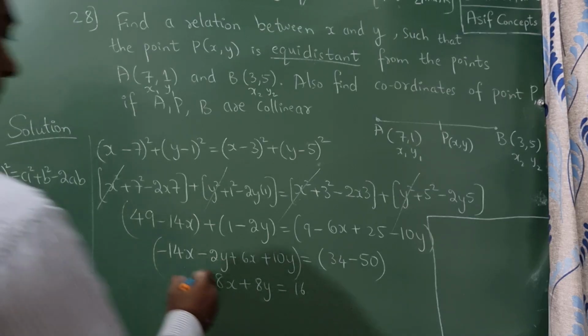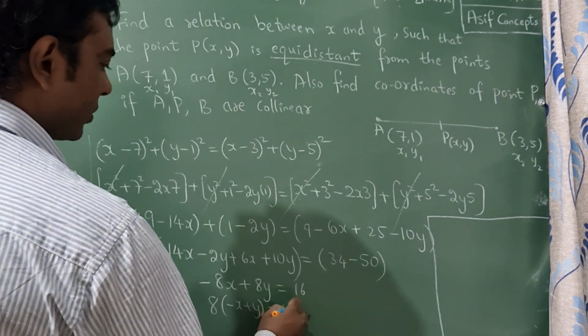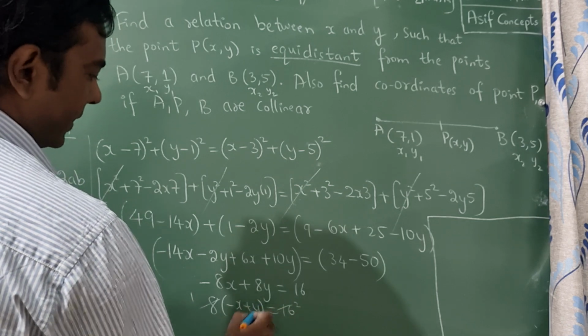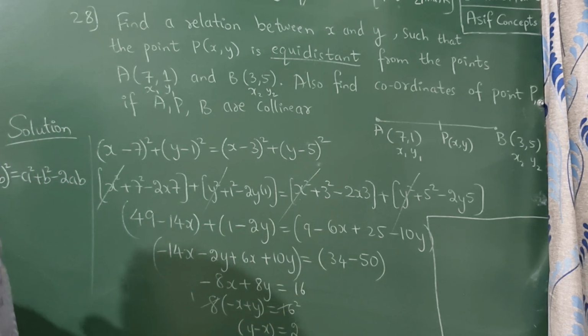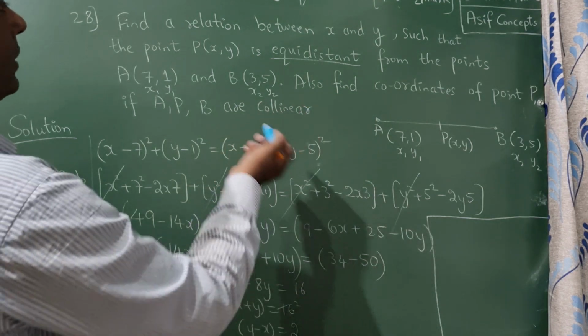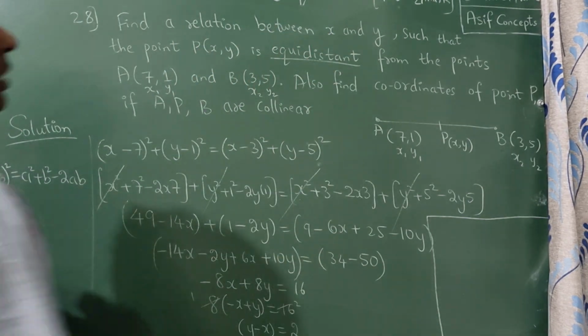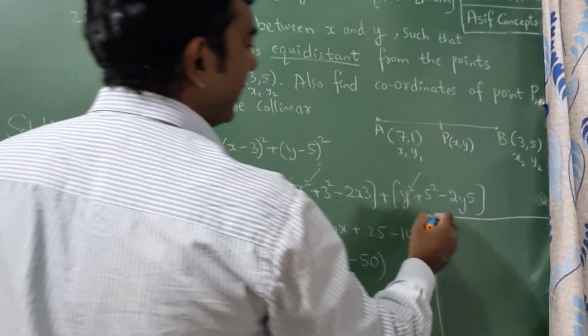Now take common. 8 is common. Minus x plus y is equal to 16 by 8, 8 ones are 8, 8 twos are 16. So I can write this as y minus x is equal to 2. So as per the question, the relation between x and y is this. Now they are telling also to find the coordinates of the point P if they are collinear.